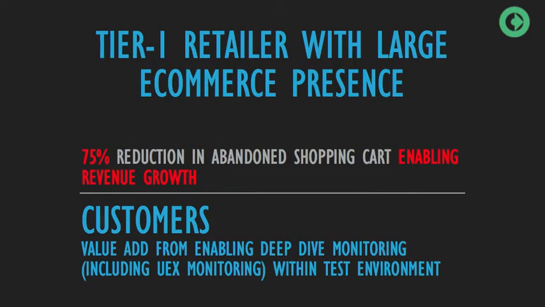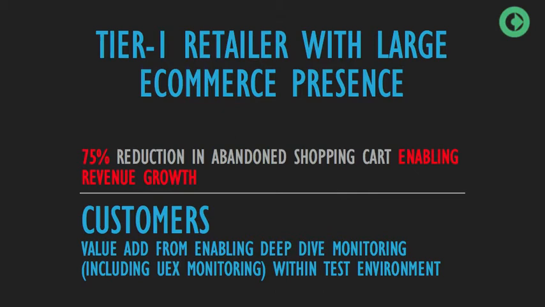And then there's another example for a tier 1 retailer. This is separate from the example that I took earlier. For this retailer, we helped them reduce the abandoned shopping cart rates by more than 75%, enabling tremendous revenue growth.